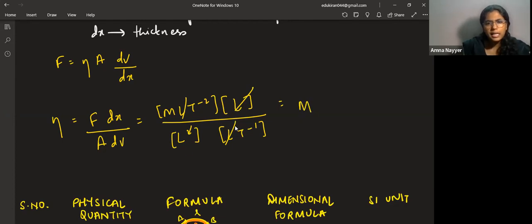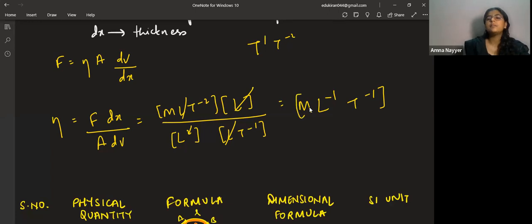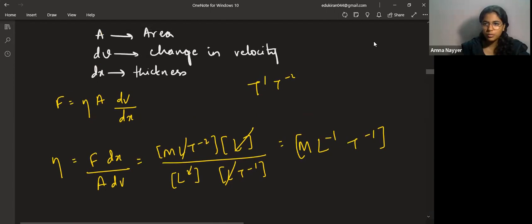From here, L length is left. Yes, this is in the denominator, so it will become -1 because here it's in the denominator. And what about time? This will go up and become 1. So T to the power 1 into T to the power -2. 1 minus 2 is minus 1. So ML^-1 T^-1. Clear? Just note it down.